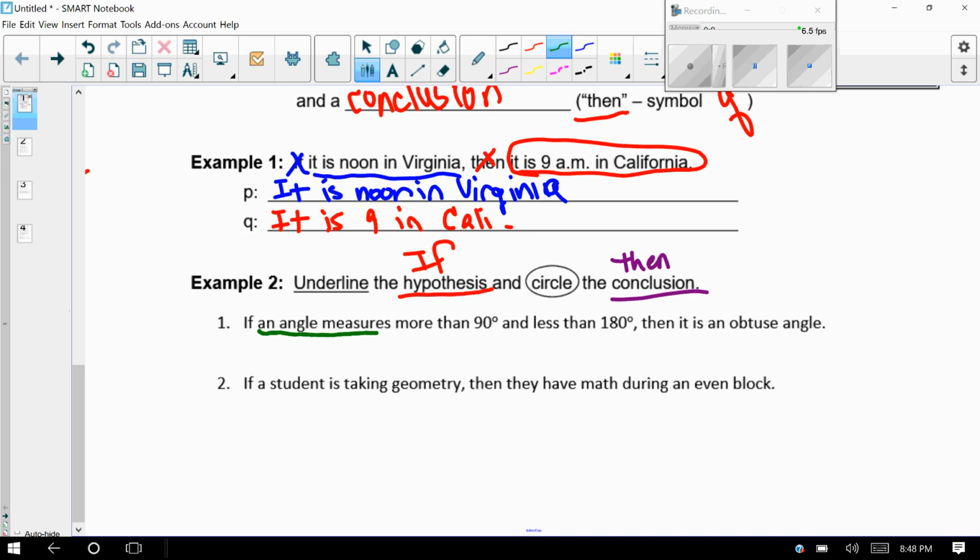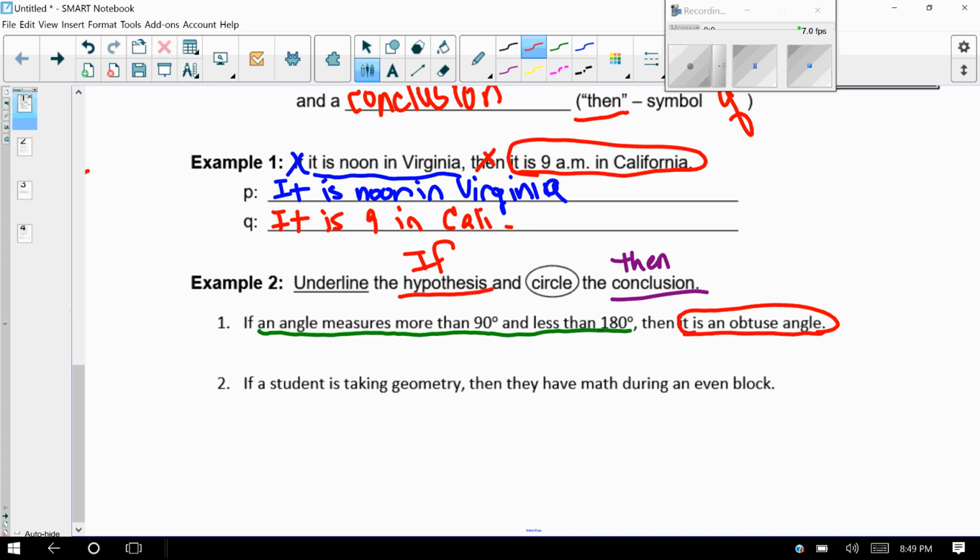An angle measures more than 90 degrees and less than 180. That is my hypothesis. Don't underline the then. My conclusion is it is an obtuse angle, and you're going to circle it.